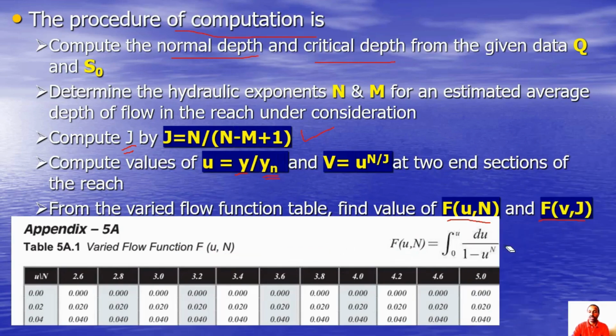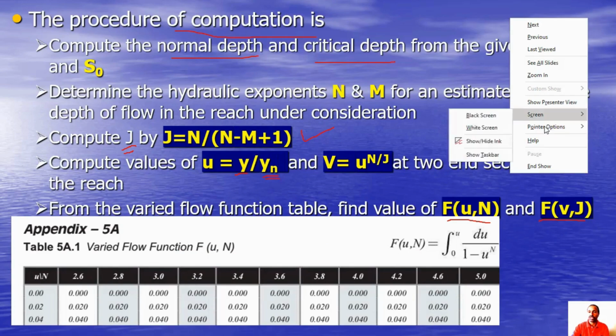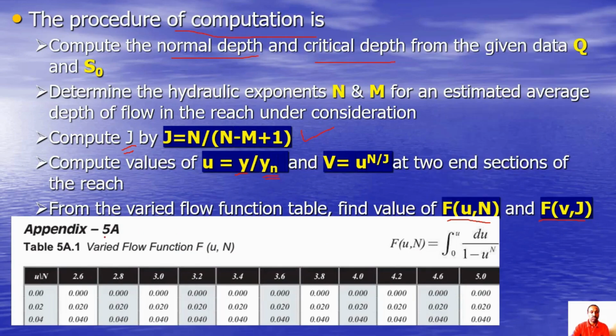This is important. Then you can see how to compute the varied flow function f of un and f of vj. So u or v, downward you read, then j or n you will read here.